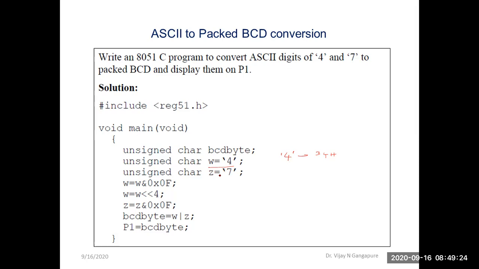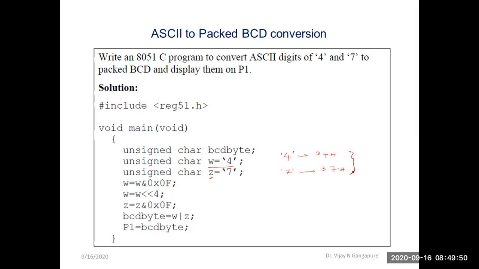This declaration statement is assigning the ASCII code of 7. So what is the ASCII code of 7? In single quotes it is the ASCII code of 7, that is 37. So 37h will get assigned to variable z. Okay, so what we have in w and z are the ASCII codes of 4 and 7, that is 34h and 37h.